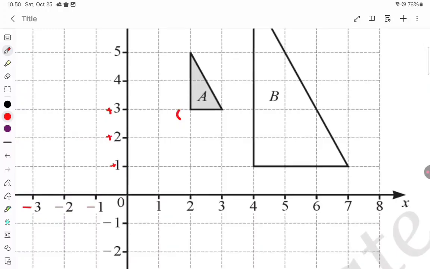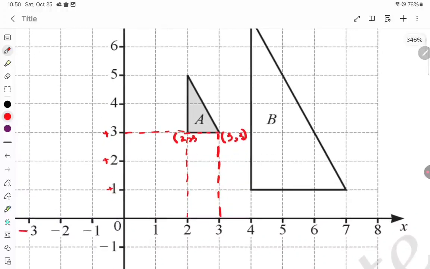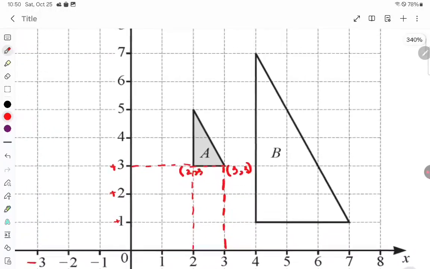This is (2, 3). This is (3, 3). And this is (2, 5).